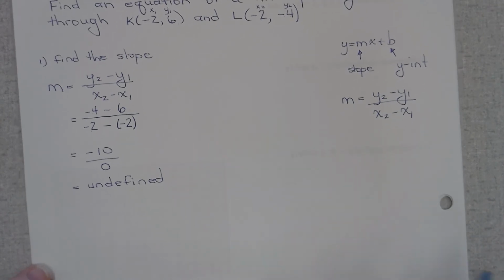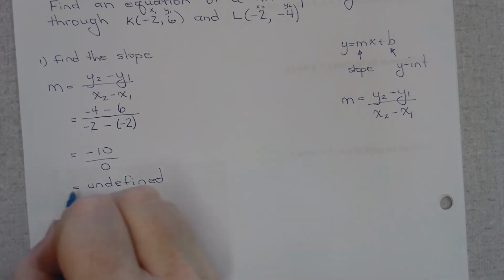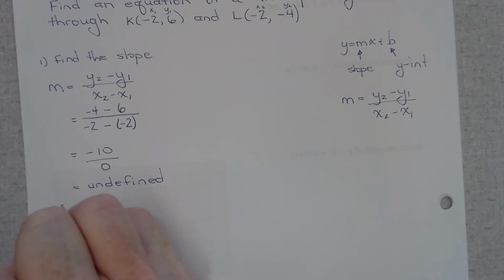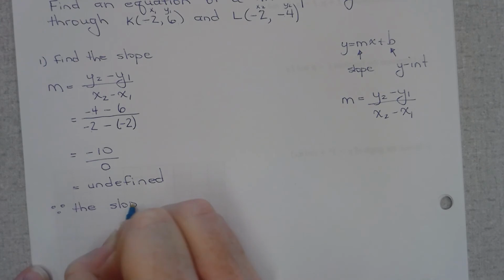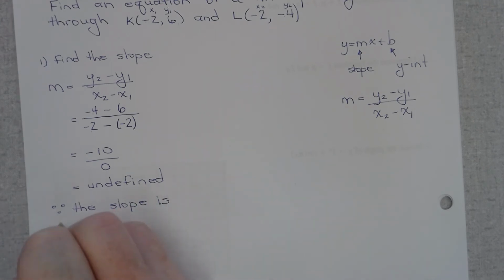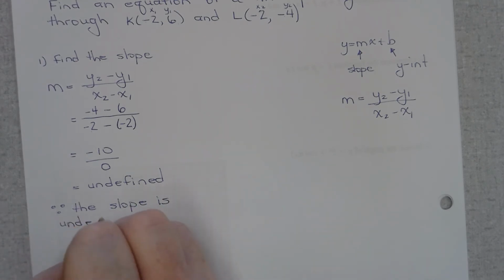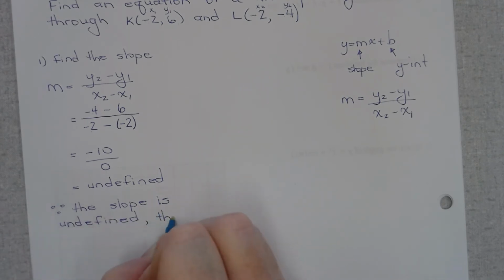So hopefully you remember that when you have an undefined slope, that means that your line is going to be a vertical line. Since the slope is undefined, the line is vertical.